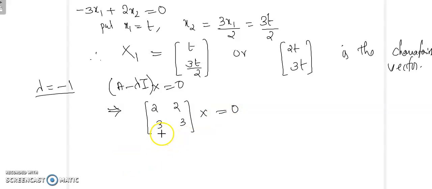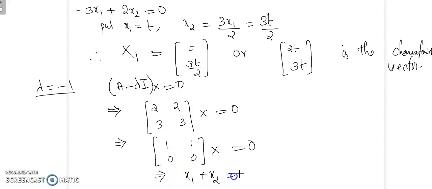Equivalently, I can write this as [1, 1; 0, 0] x equal to 0, after row elimination. So you will get the equation x1 plus x2 equal to 0. So put x2 equal to t. So x1 will be equal to minus t.